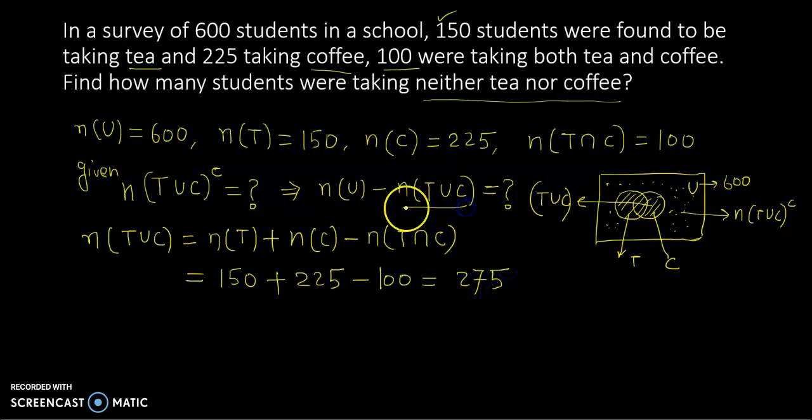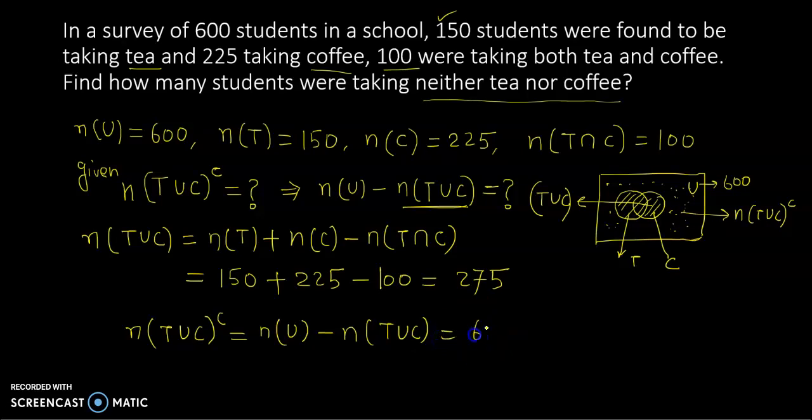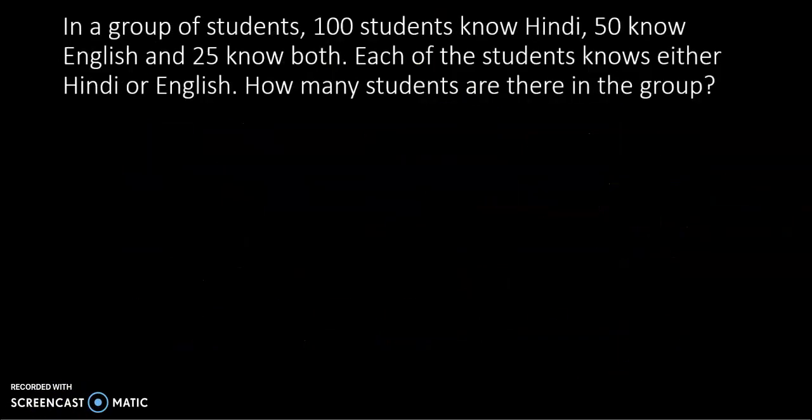So I have got the value of n(T union C). Now the things are pretty simple. I want to find the number of elements in the complement of T union C, and that is going to be the number in the universal set minus the number in T union C, which is simply 600 minus 275, and you can see that the answer is 325. So there are 325 students who are neither taking tea nor taking coffee.